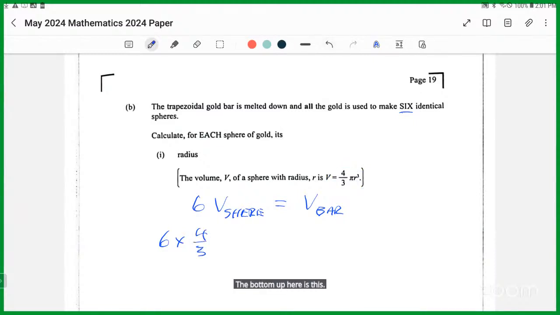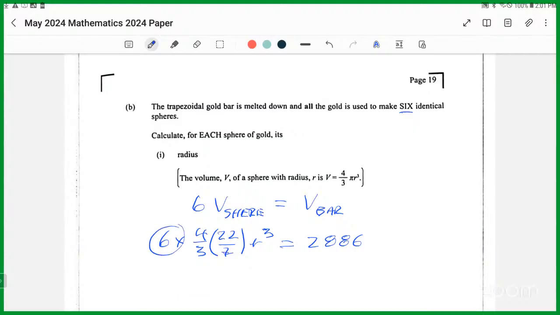So 6 times the volume of a sphere is 4/3, then some must use pi as 22/7, times r cubed. We did a question like this yesterday. And that's all equal to the volume of the bar, which was 2886. But that's not a calculation.